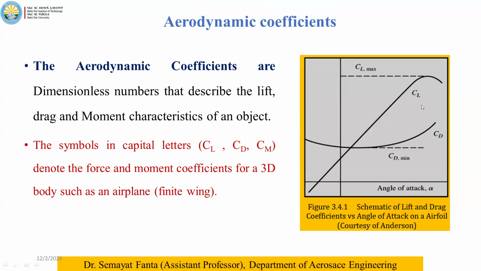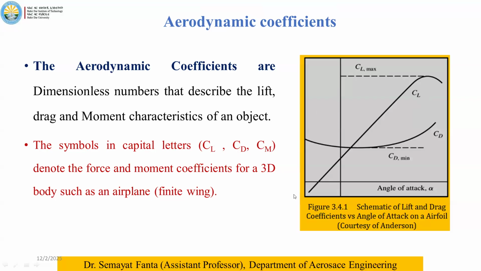When it is represented with a capital letter, it is for the aircraft, but if this is a small letter cl, then it is for the wing, meaning a two-dimensional aerofoil. The capital one is the three-dimensional wing, which is the actual aircraft.